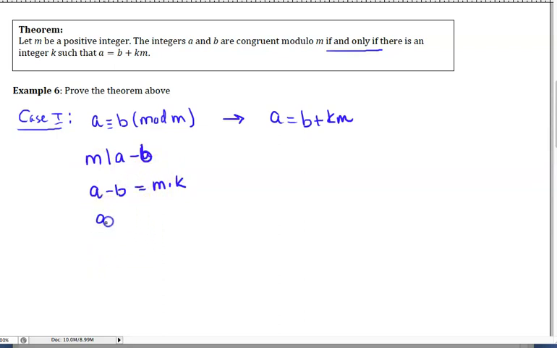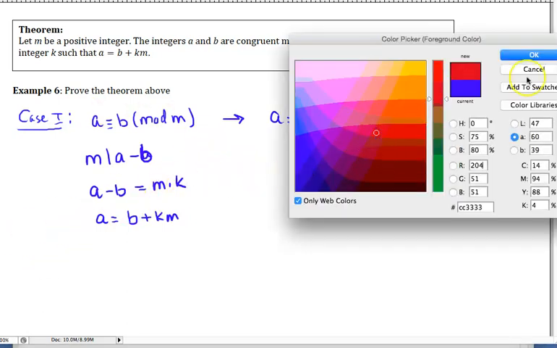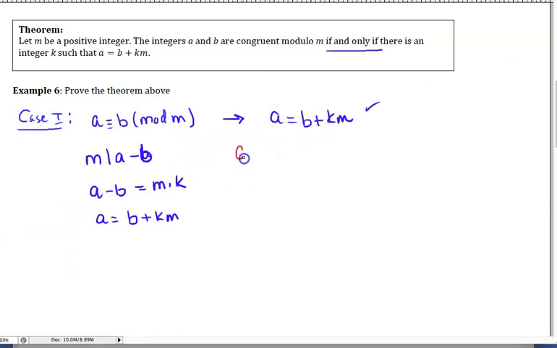If we solve for a, we get a equals b plus k times m. So we got to this conclusion. That's good. Now let's go the other way. I start with a equals b plus km, and we want to show that a is congruent to b mod m.